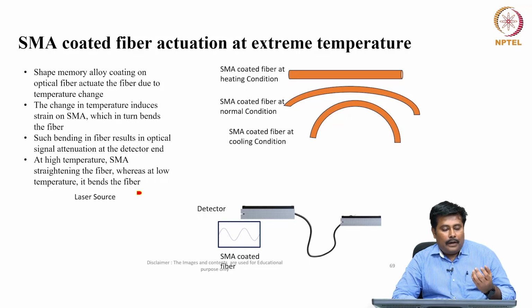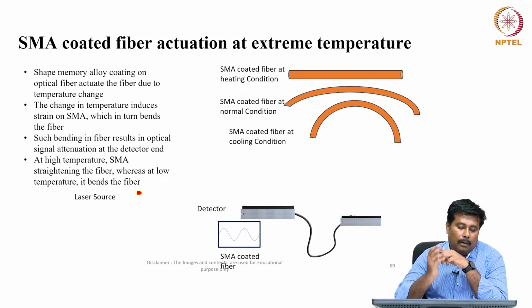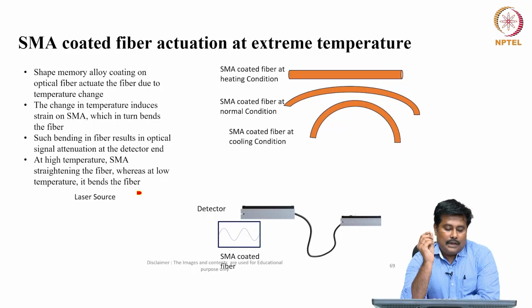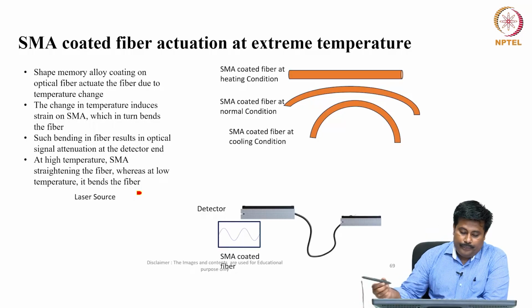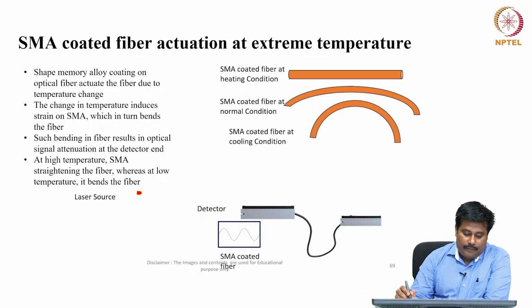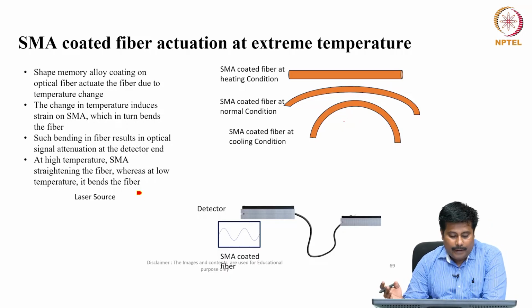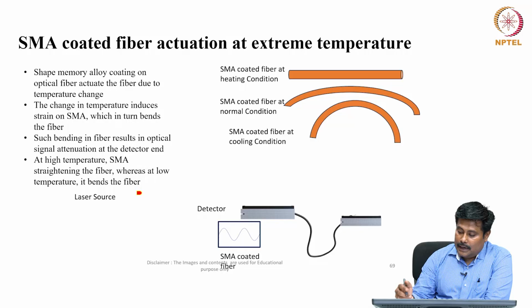These shape memory alloys are coated on an optical fiber and actuate the fiber due to a temperature range, and the change in the temperature induces a strain on the SMA, which in turn bends the fiber. Such bending of the fiber results in optical signal attenuation. At high temperature, the shape memory alloy will straighten the fiber, whereas at low temperature conditions, we can see a bending which happens.